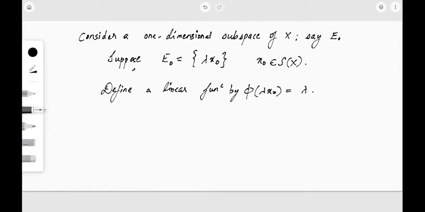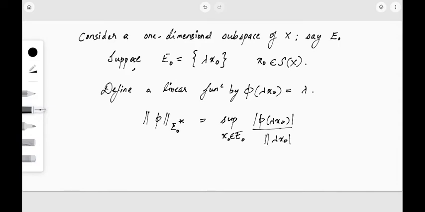Now let's see what happens to the norm of phi corresponding to E star. By definition, it is the supremum over x₀ in E₀ of mod phi of lambda x₀ by norm of lambda x₀.